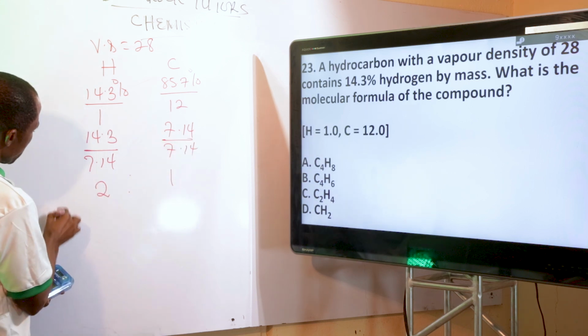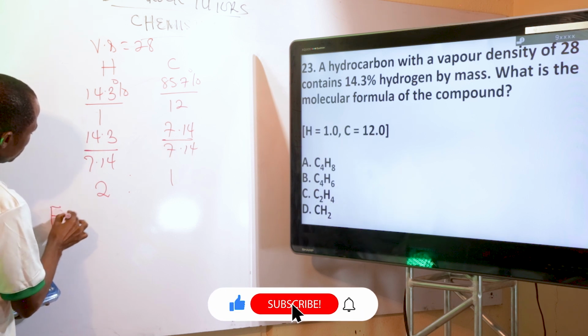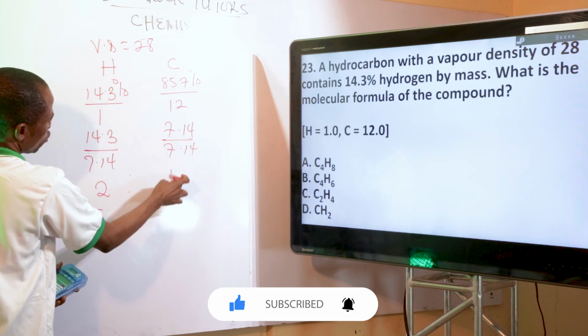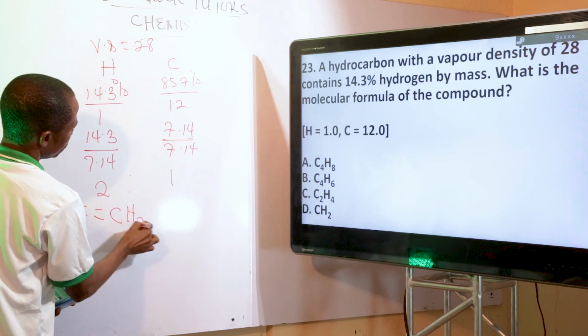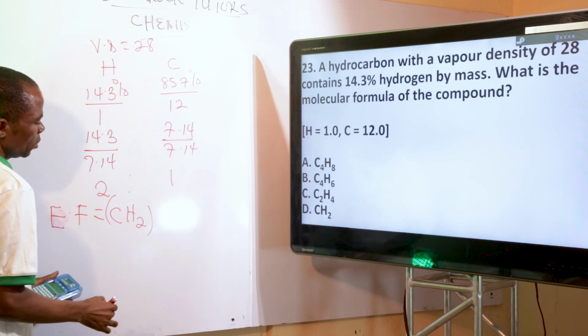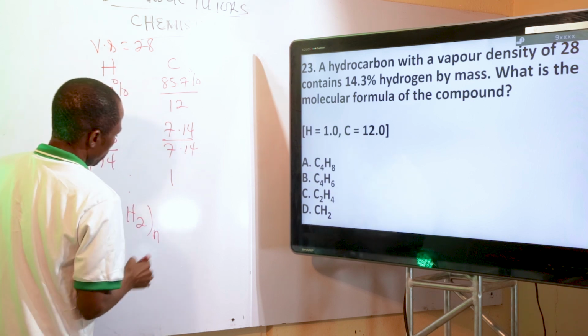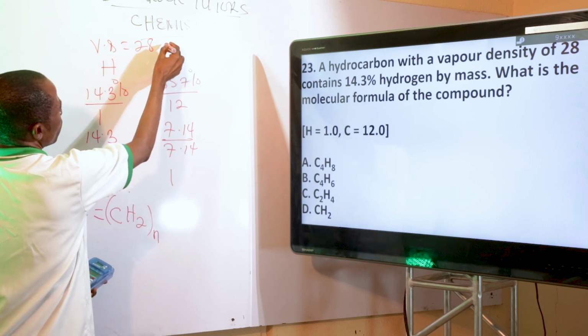Now, the empirical formula is going to be C, that's 1C, and 2 hydrogen, H2. Now, multiply by N, which is equal to the molecular mass.